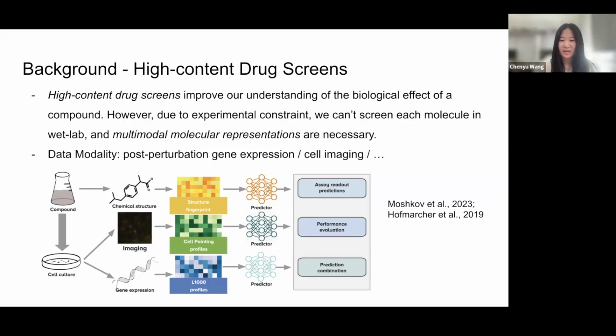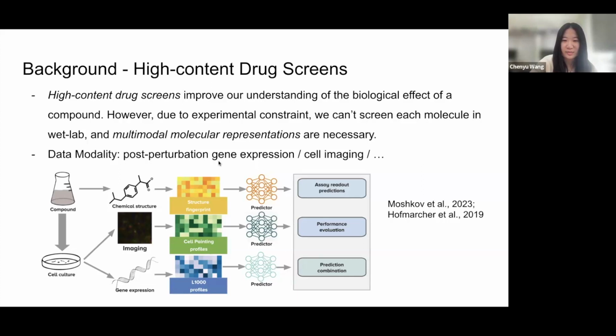After a certain amount of time, typically 24 hours, we can screen for different phenotypes of the cells, which reflect the biological effect of the drug on the cell. These phenotypes include the post-perturbation gene expression or the image of the cell after the perturbation.